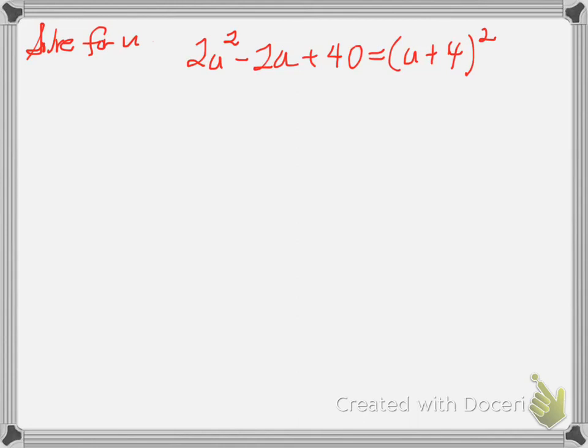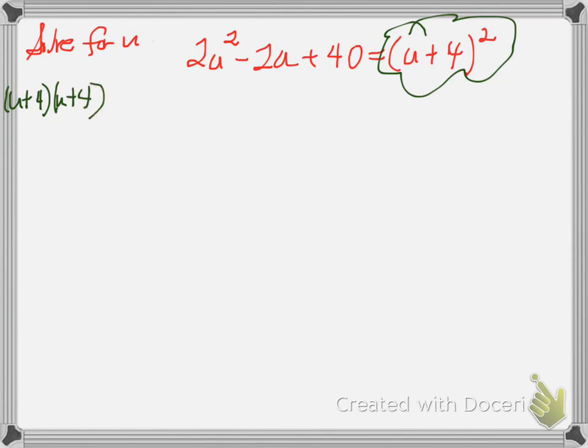So my first step here, I would take this binomial, the u plus 4 squared, and I'm going to come off to the side and figure out what that is. This means u plus 4 times u plus 4, and you're supposed to FOIL that.